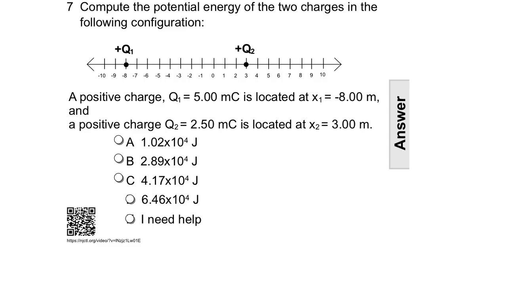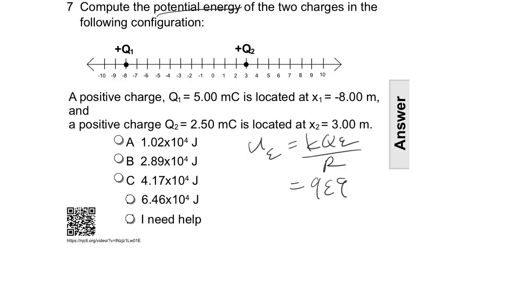Okay, these are easy because instead of doing the change in potential energy, we're just finding the potential energy. So UE equals KQQ over R. So K is 9 e to the 9.